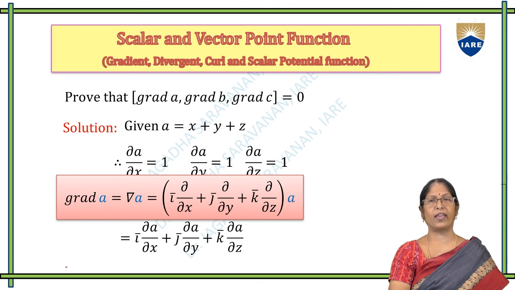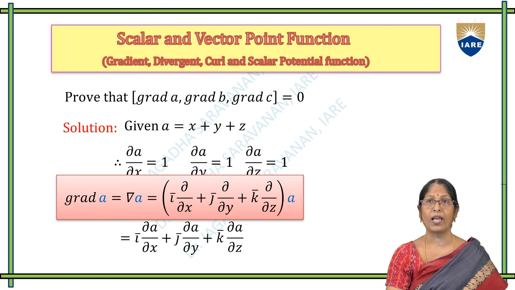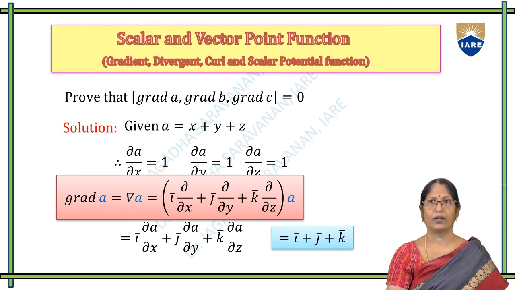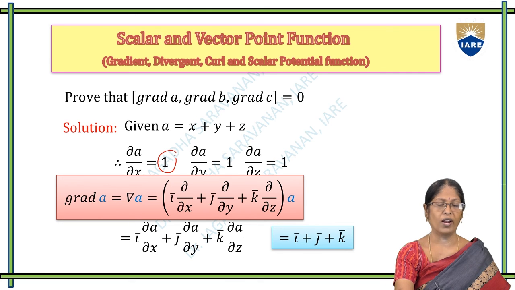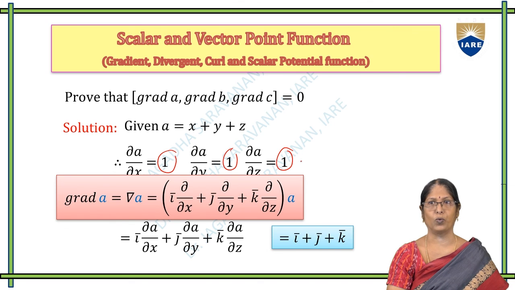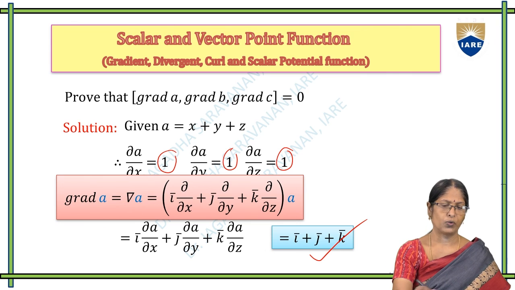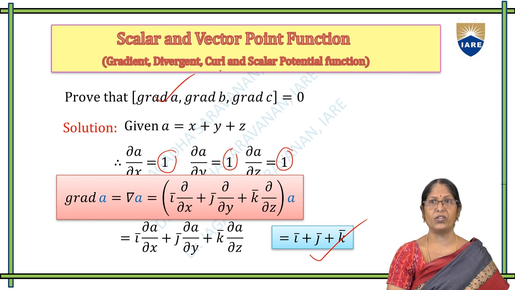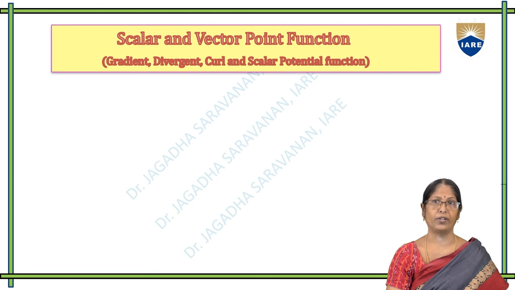After taking A inside the bracket, it has become i into dou A by dou x plus j into dou A by dou y plus k into dou A by dou z. So next, what we obtained: dou A by dou x is 1, dou A by dou y is 1 and dou A by dou z is 1. So we can see it is i plus j plus k. So the work related to gradient A we completed.